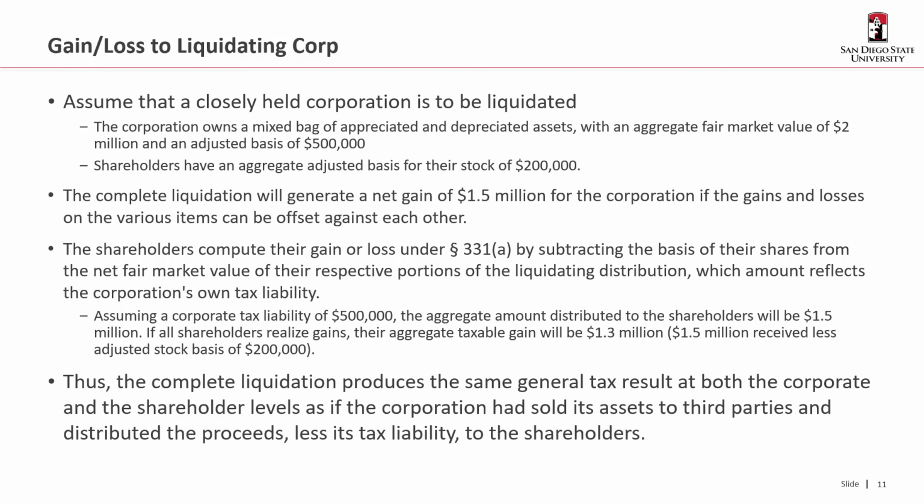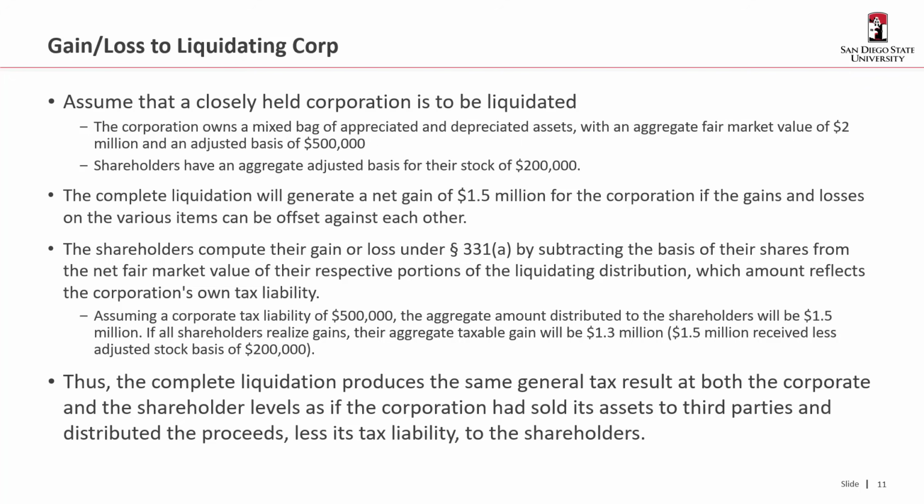Right? And that's assuming all the gains and losses on the various items can be offset against each other, which is probably the case as long as it's all business property. The shareholders compute their gain or loss under 331 by subtracting the basis of their shares from the fair market value of whatever their portion of the liquidating distribution is. So in this case, the corporation has liquidated all its property.